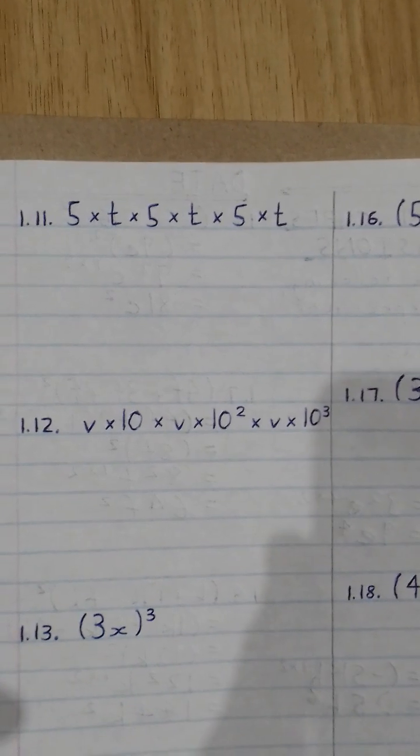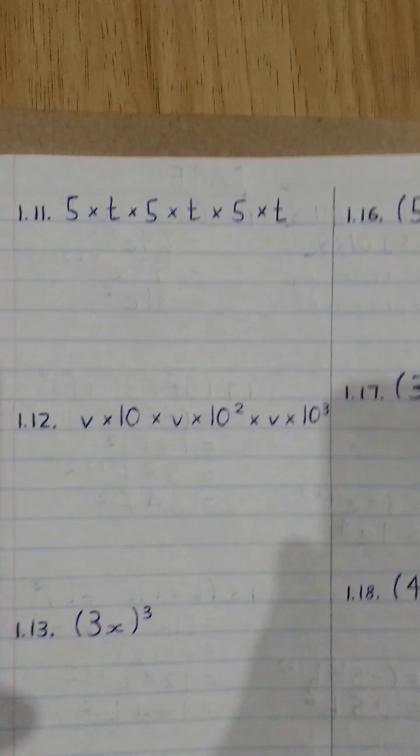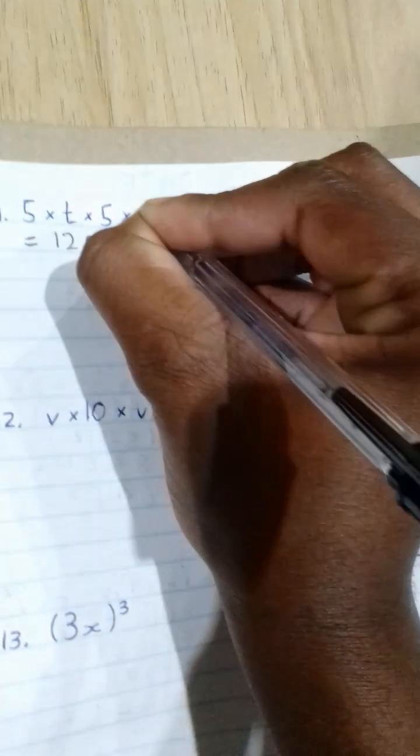1.11, 5 times t times 5 times t times 5 times t. Start with the numbers. 5 times 5 times 5 is 125. Then we have t to the power of 1, it's this one, times t to the power of 1, which is this one, times t to the power of 1, which is this one.